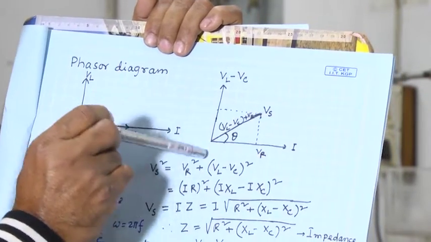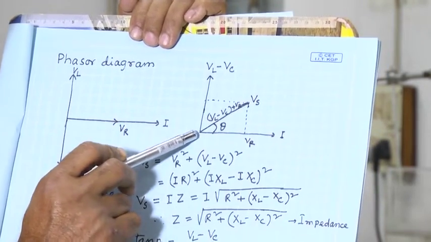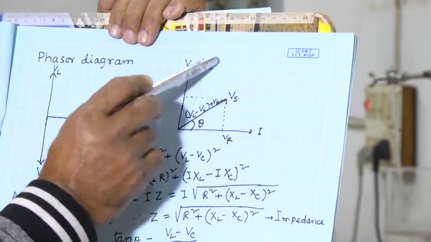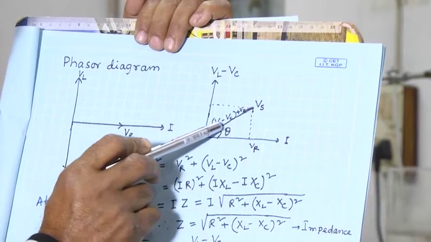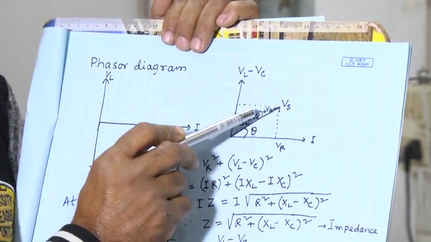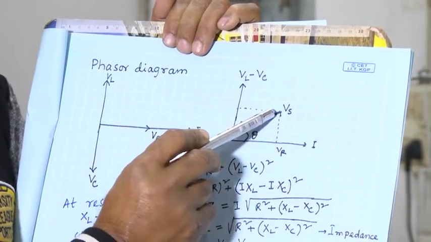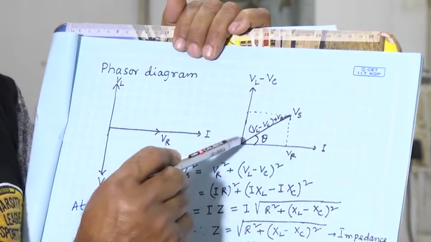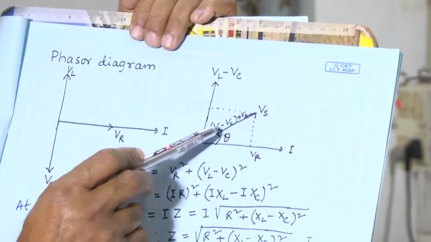From vector addition, if you add this plus this, the resultant is this line. So this is VR and this is VL minus VC, and this will be the vector sum of the two.